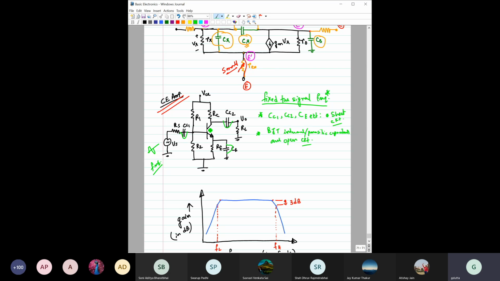That means the capacitances associated with this junction and this junction are open circuit, right?